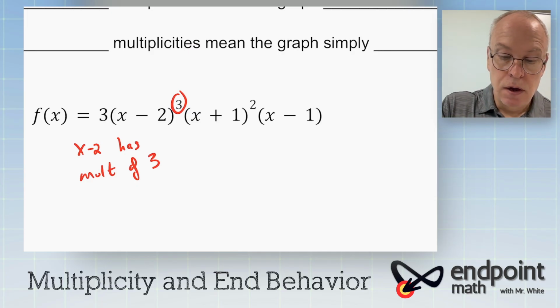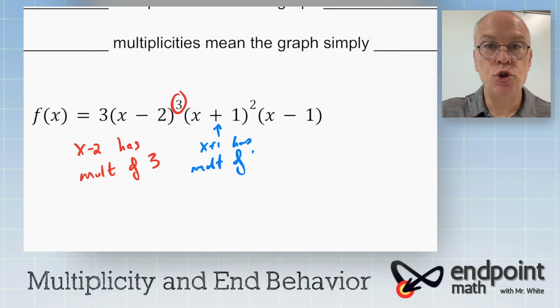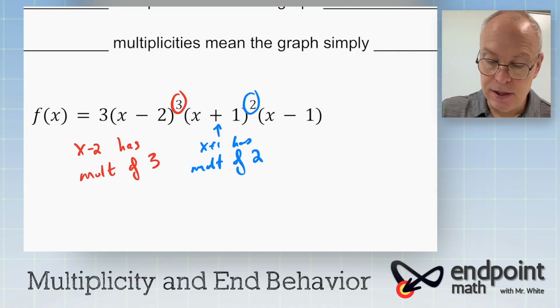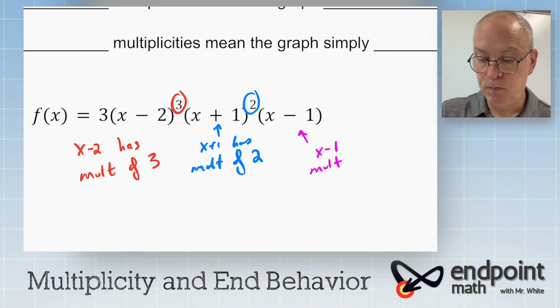Easy enough. All right. What about x plus 1? x plus 1 has multiplicity of 2 because it's there twice. And then finally this last one, x minus 1, has multiplicity... what's the invisible exponent on that?